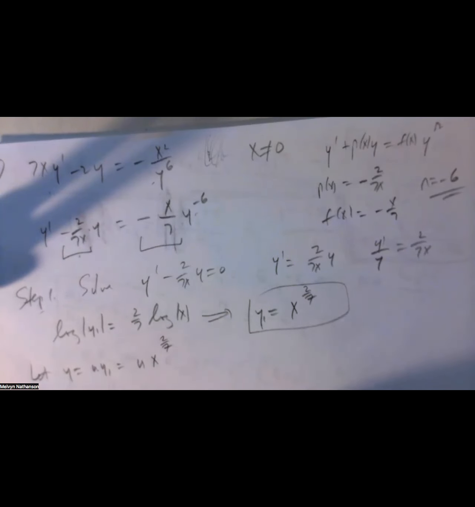Y prime is u prime x to the 2/7 plus u times the derivative of x to the 2/7, which is 2/7 x to the minus 5/7, minus 2/7x times y, which is u x to the 2/7, equals minus x/7 y to the minus 6.